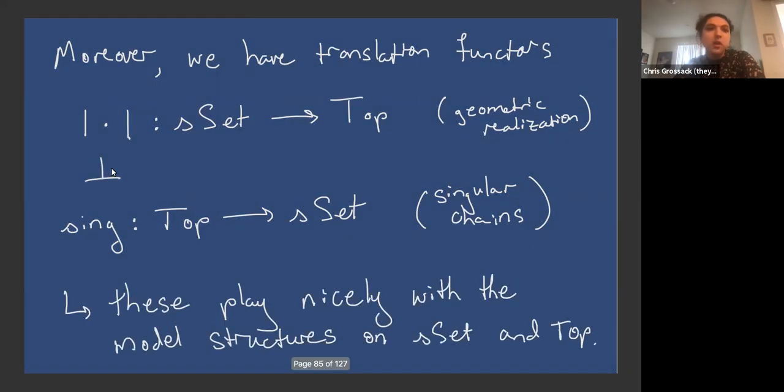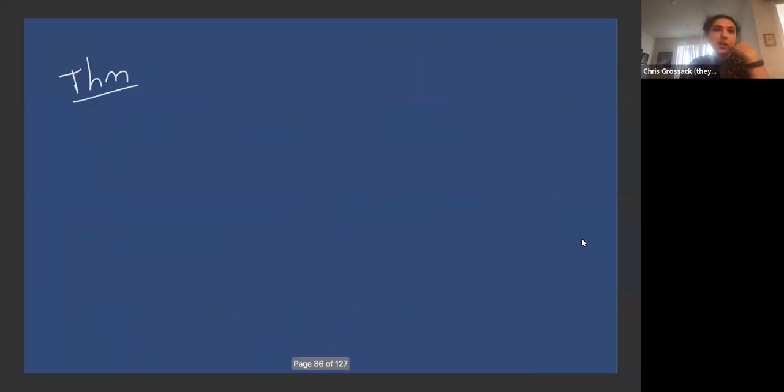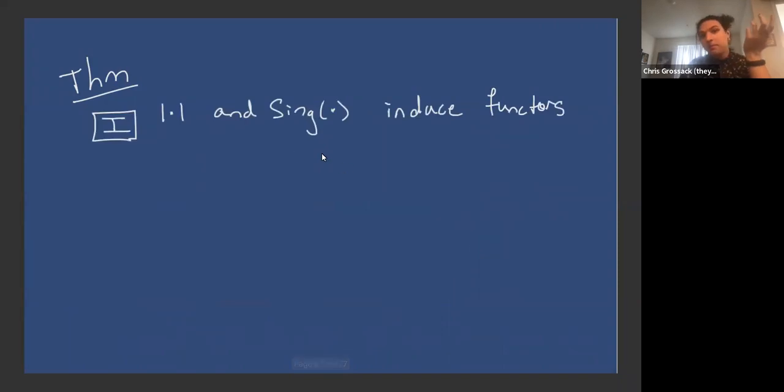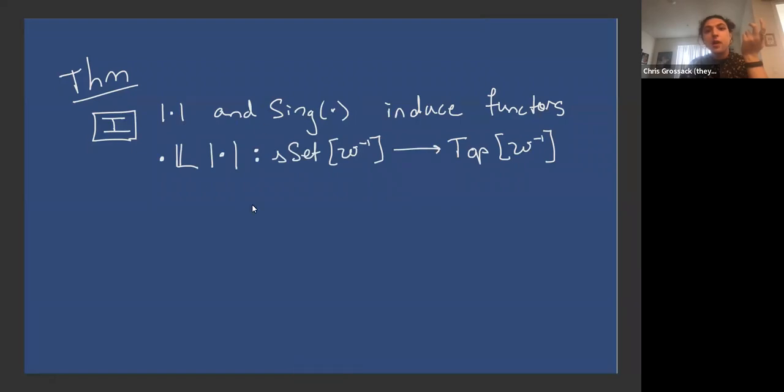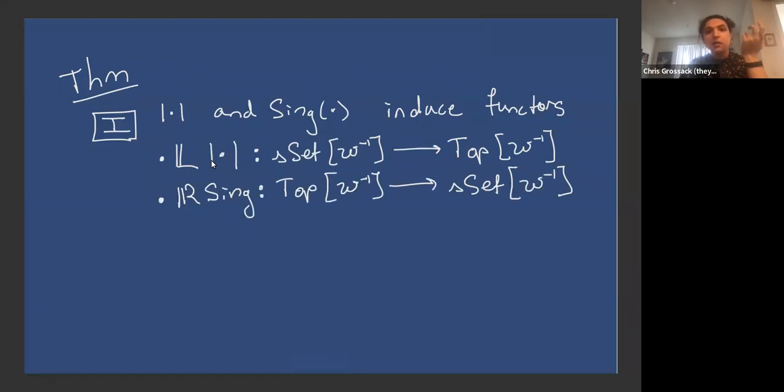So it turns out these are adjoints. Geometric realization is left adjoint to the singular chain functor. And moreover, these play nicely with the model structures on simplicial sets and Top. Now, what do I mean by they play nicely? I mean Theorem 1. These two functors induce new functors, called the derived functors, so L of geometric realization and R of Sing, which take us from the homotopy category of simplicial sets with weak equivalences inverted to topological spaces with weak equivalences inverted, and going the other direction.